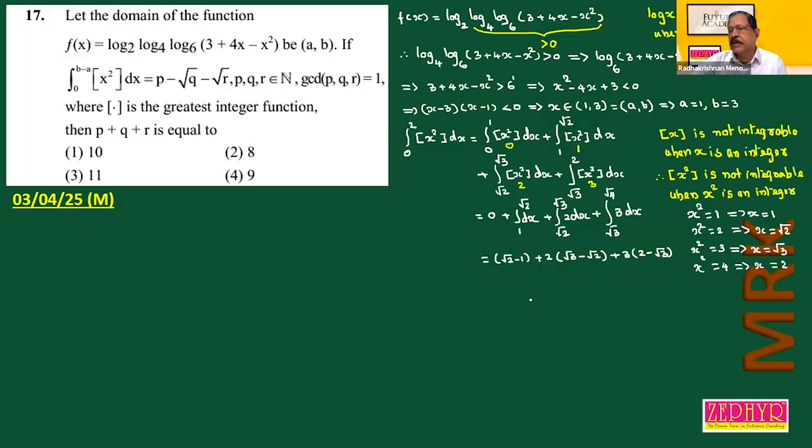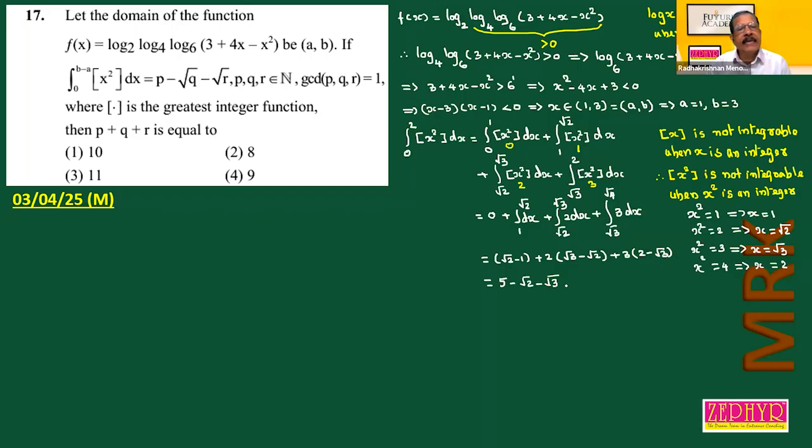When you simplify this, you will be getting 3 into 2, 6 minus 1, 5. Then minus √2, then minus √3. √2 minus 2√2 is minus √2. Then 2√3 minus 3√3 is minus √3.